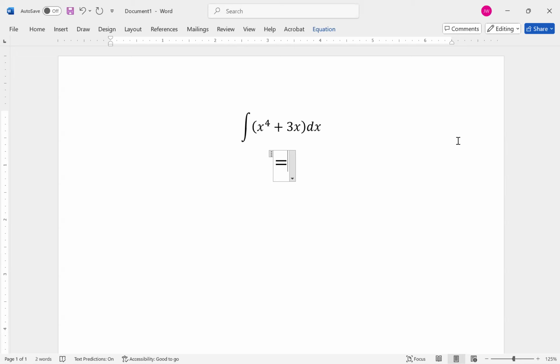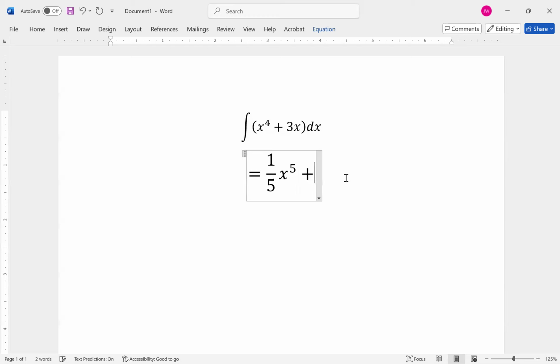I know that when I take the derivative of a polynomial function, the exponent lowers by 1. So I need to start with an x to the fifth. And I'm going to have a coefficient of 1/5 so that when I multiply the 5 by 1/5, I get a coefficient of 1 in front of the x to the fourth.